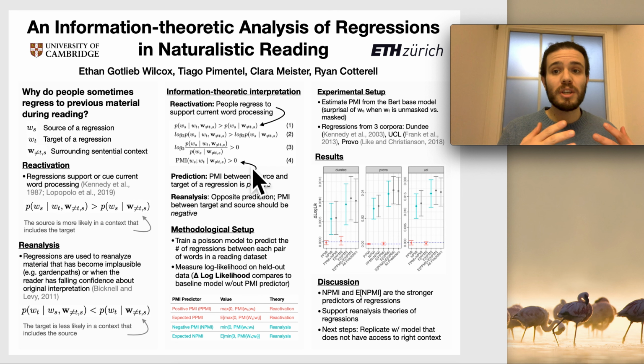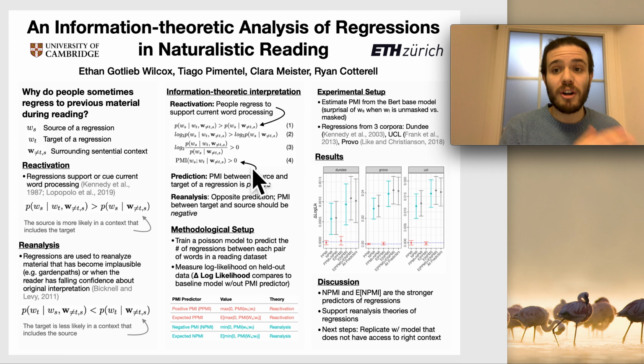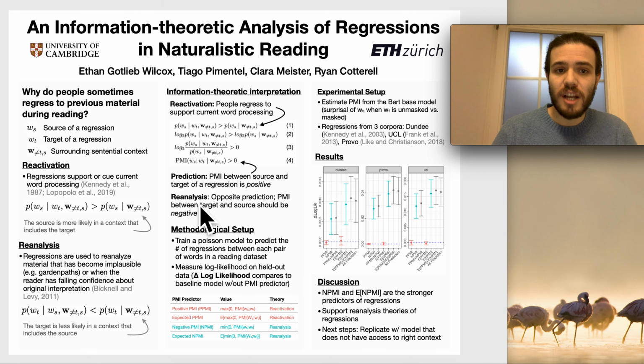That is, if regressions are used to support current word processing, then people should be regressing between words that are highly associated, i.e. that have a PMI greater than 0. The reanalysis approach makes the opposite prediction: PMI between the target and the source should be negative, or less than 0.